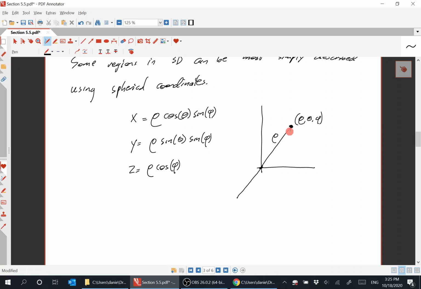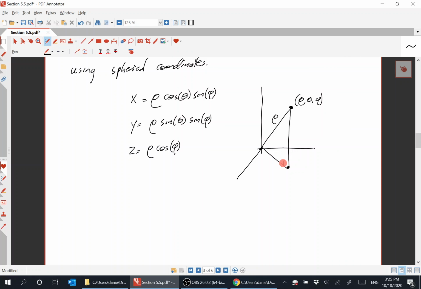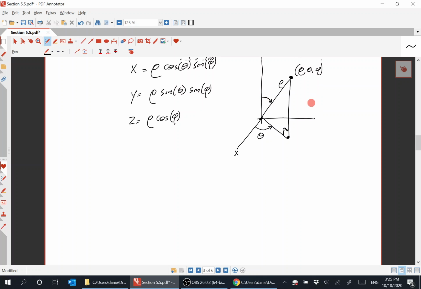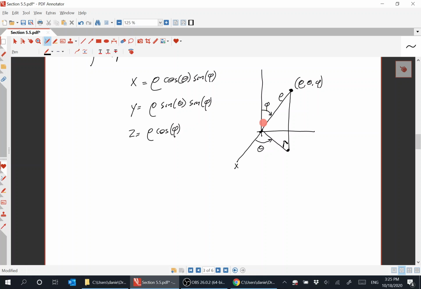If you drop this down to the xy plane straight away, and then you take this segment from the origin, so you're projecting the hypotenuse of this right triangle down into the xy plane and getting this leg of the right triangle. So that's a right angle. And this rotation from the positive x-axis is theta, and this angle of declination from the z-axis is phi.